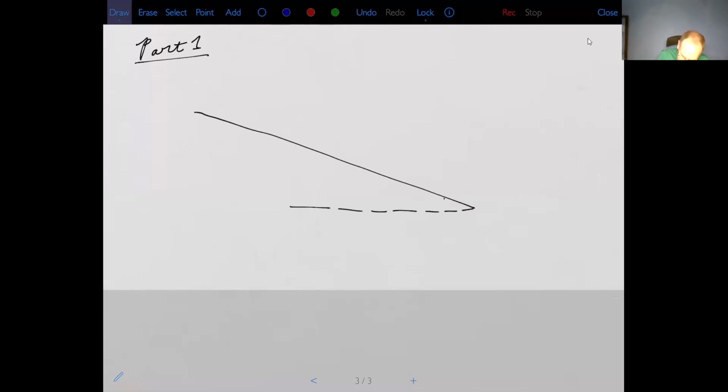Okay, so this is just basically part 1. We have the air track, it's on an incline, so something like that. It makes an angle, let's say theta, with the horizontal. And we have this cart, which is on the track.